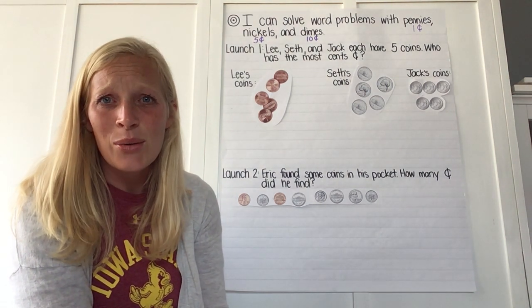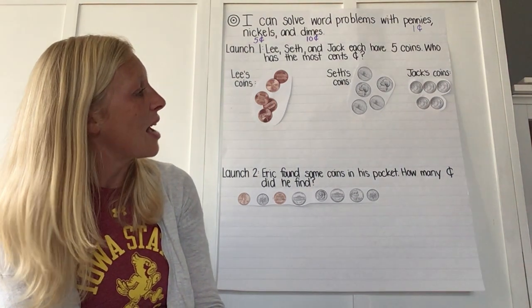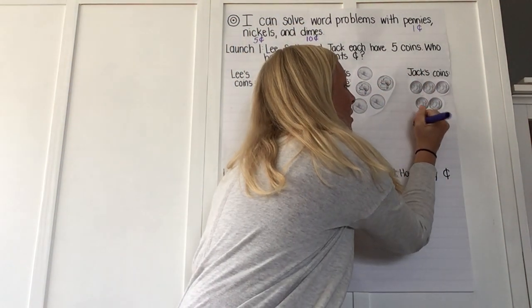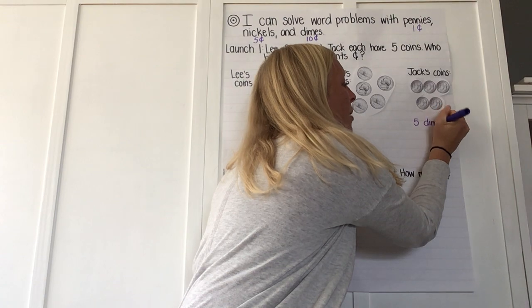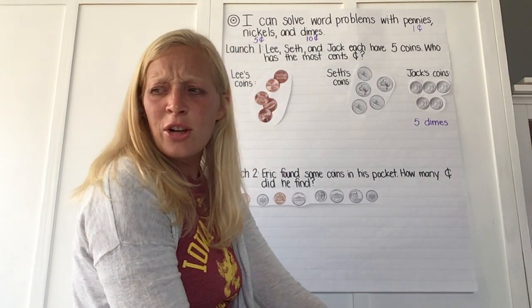How do you know that Jack has the most? Because he has dimes. Okay, so if Jack has 5 dimes, how many cents does he have in his pocket? And how did you get 50?